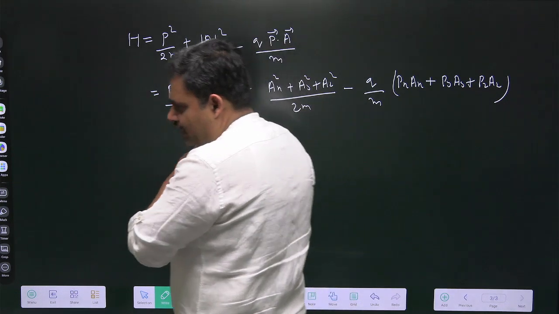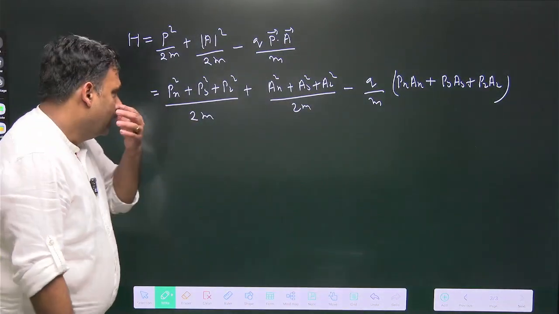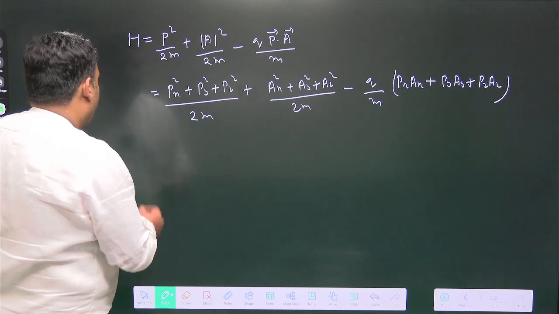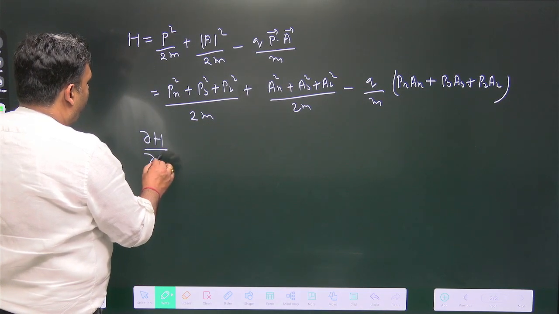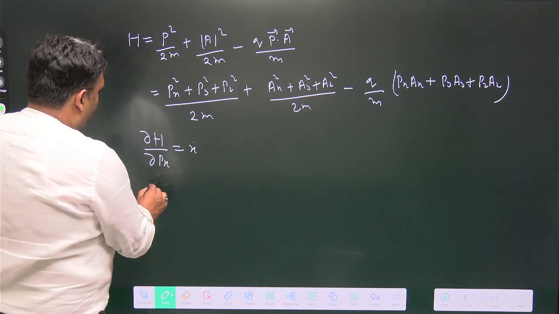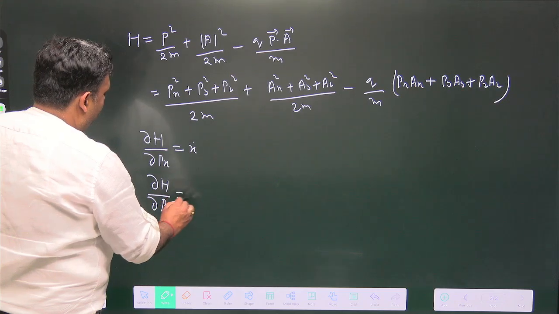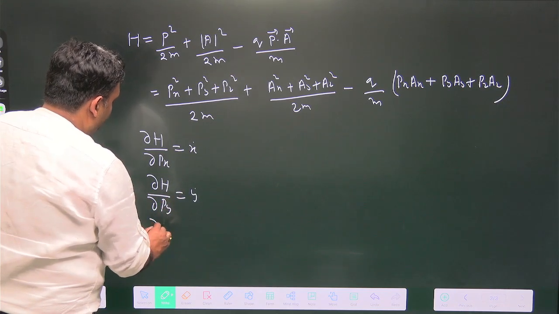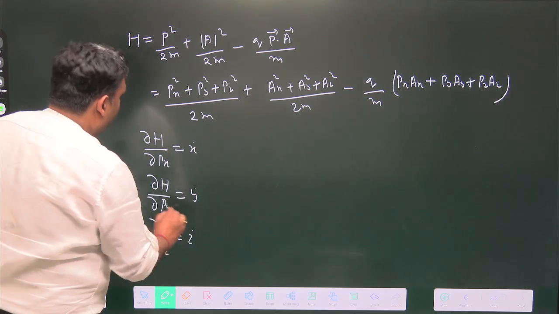I have deliberately opened the complete thing in a Cartesian coordinate system, and let's go for the equations of motion. So del H upon del Px is x dot. Similarly, del H upon del Py is y dot, and del H upon del Pz is z dot.